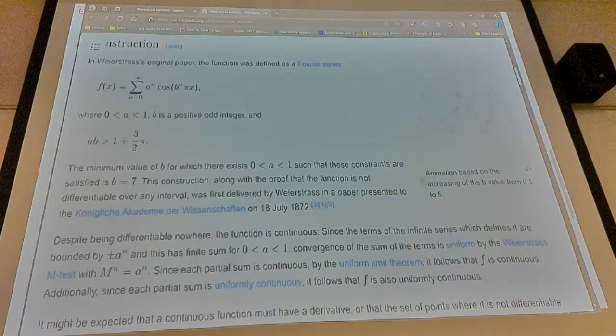You have fixed values for A and B in terms of summation. The actual summation itself, your A and B won't change. But you can choose different values for A and B. So this is technically a three-variate function.